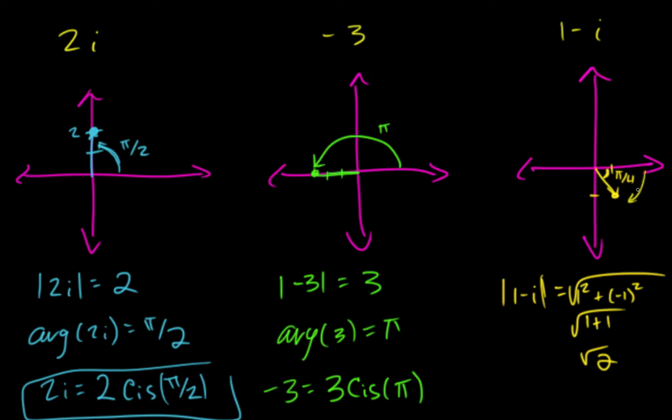Since we're rotating backwards, we're going to think of the argument as negative pi fourths, and so when we plug this in, we're going to get 1 minus i equals the modulus times cis of the argument.